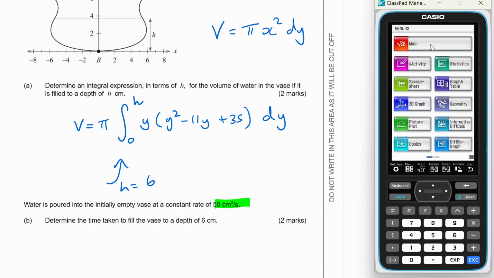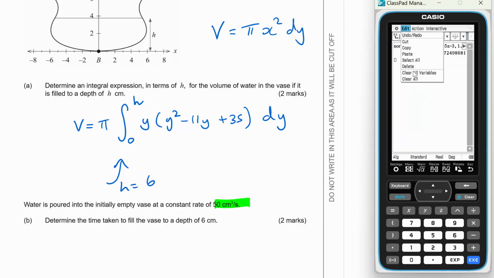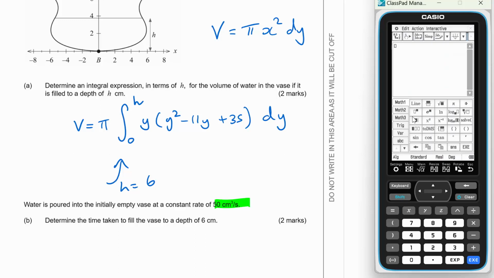We'll go to our main screen. Let's just clear anything that's there. And we know that the integrals are in Math 2, so let's grab the integral here. Let's go 0 to 6.